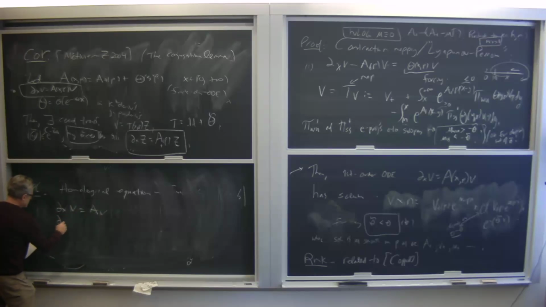So that means dx of tz equals atz. That says dx tz plus t dx z is equal to a t z. And now we put in what dxz is, our goal is to make that a plus z.